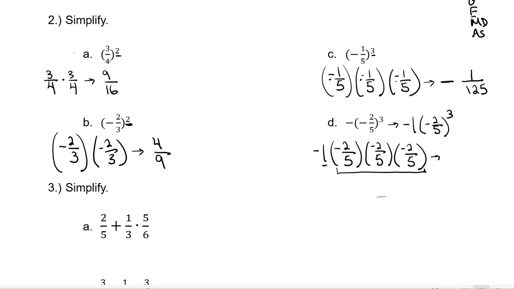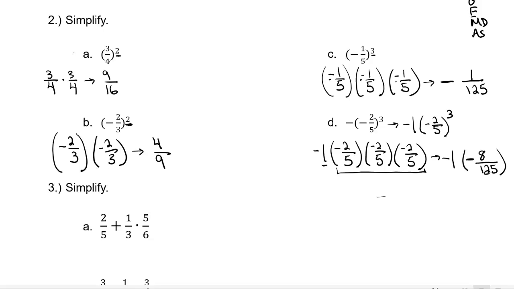But I also have this -1, right? So it's -1 times, I know that once I combine those -2/5, the inside is also going to be negative. Now I have 2 times 2 is 4, times 2 is 8, so that gives me 8. 5 times 5 is 25, times 5 is 125.